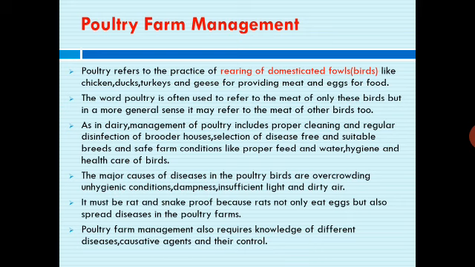The major causes of diseases in the poultry birds are overcrowding, unhygienic conditions, dampness, insufficient light and dirty air. The poultry farm must extend in east-west direction so that enough sunshine is available in winter. It must be rat and snake proof because rats not only eat the eggs but also spread diseases in the poultry farms.